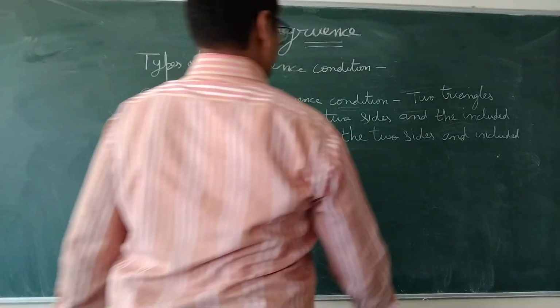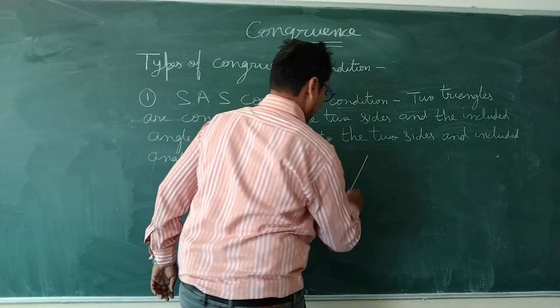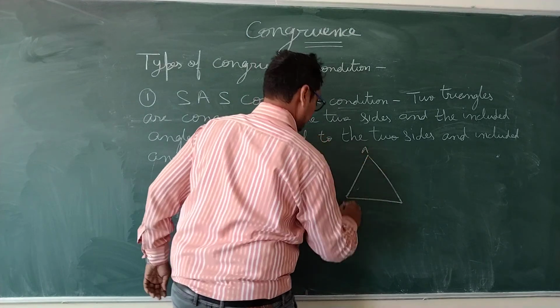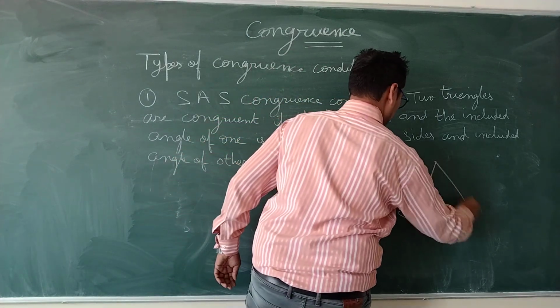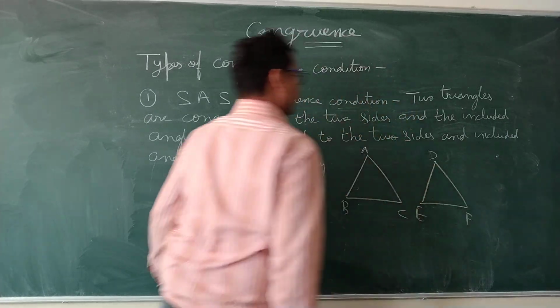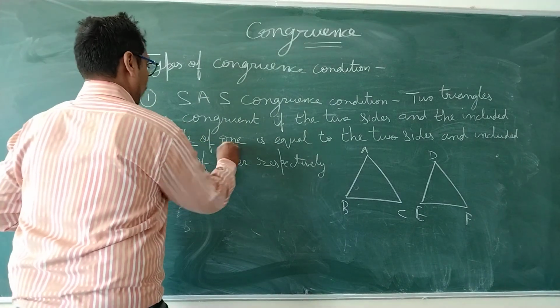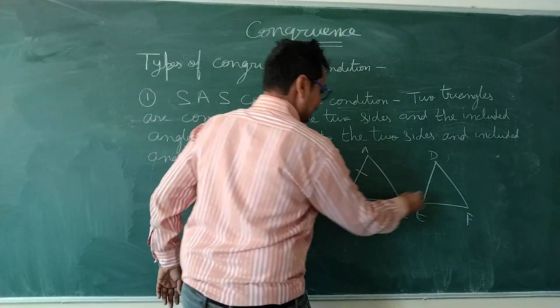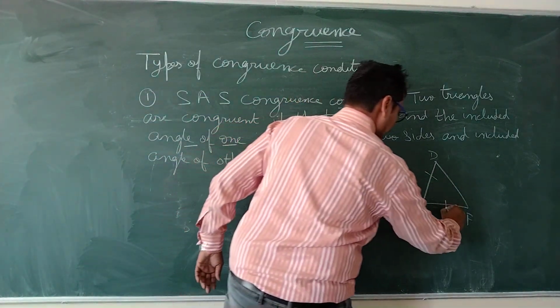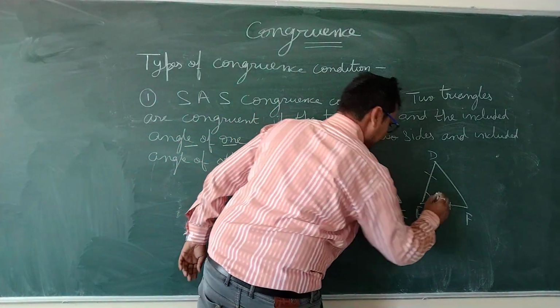SAS congruence. Two triangles are congruent if two sides and the included angle of one are equal to those of the other. Suppose we have two triangles ABC and DEF.